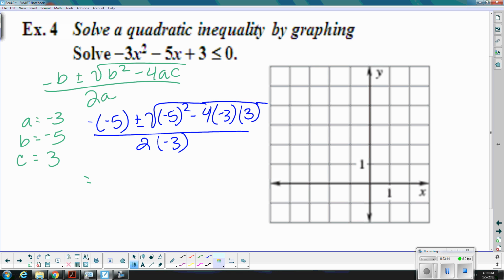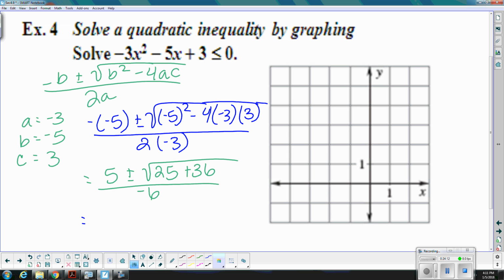So then you can simplify. You have 5 plus or minus the square root of 25. 4 times -3 is -12. -12 times 3 is -36. So minus -36 is plus 36, all over -6.